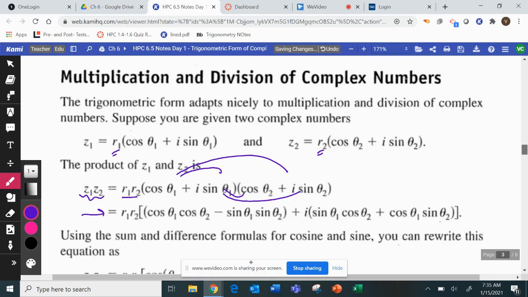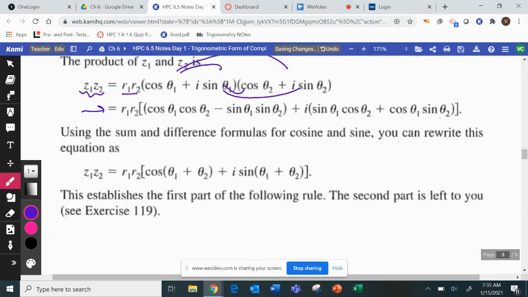Now, the next thing that they do is notice that this is cosine theta 1, cosine theta 2, subtract sine theta 1, sine theta 2. Well, we've learned that in chapter 5 to be the sum of cosine. So they took that down to cosine of theta 1 plus theta 2.